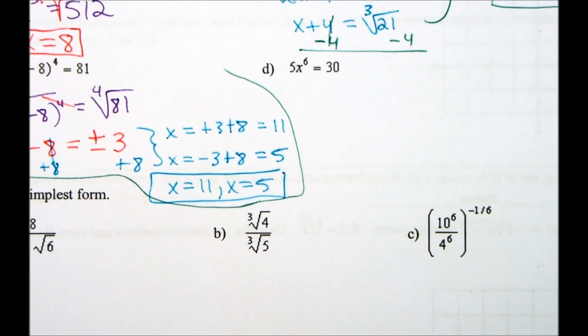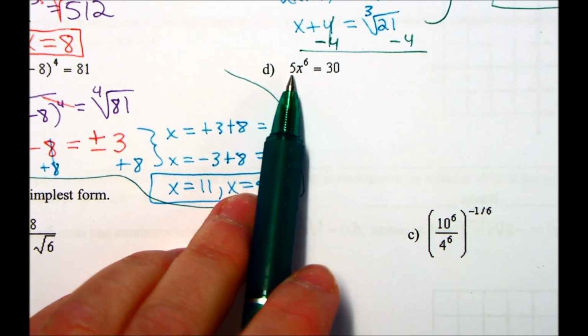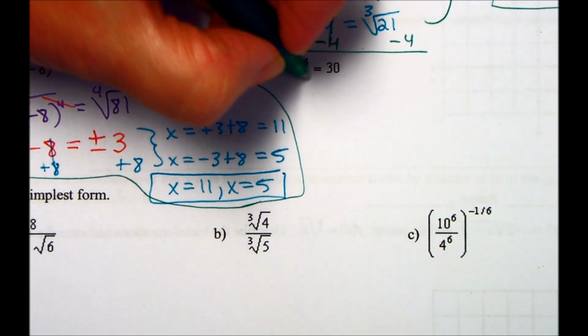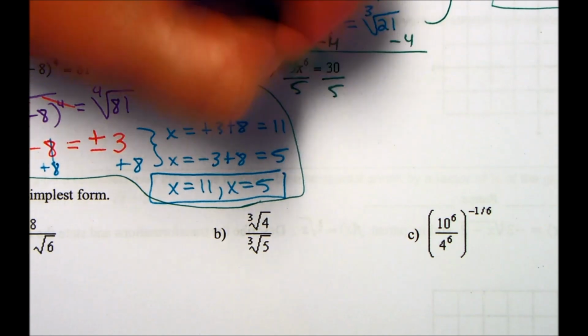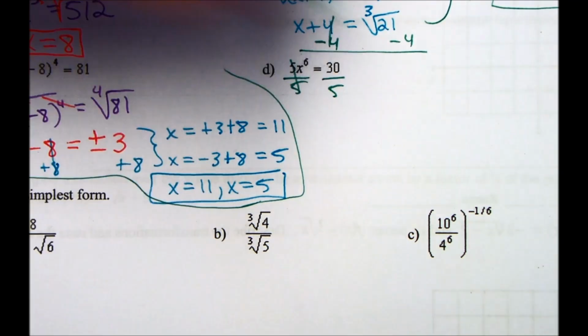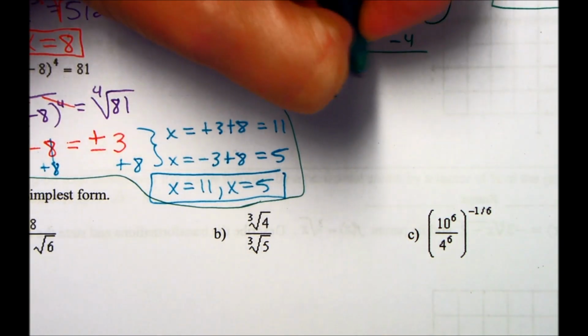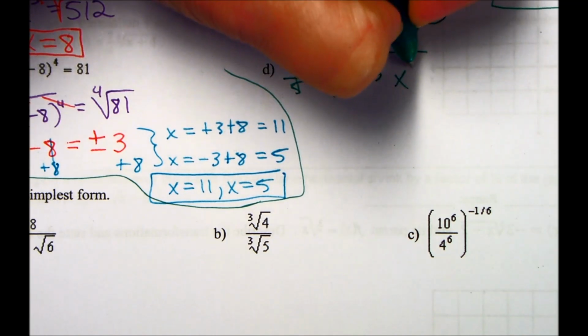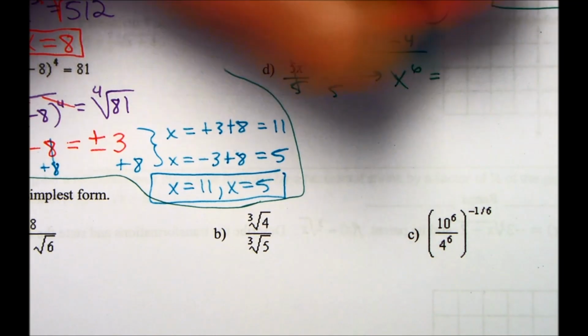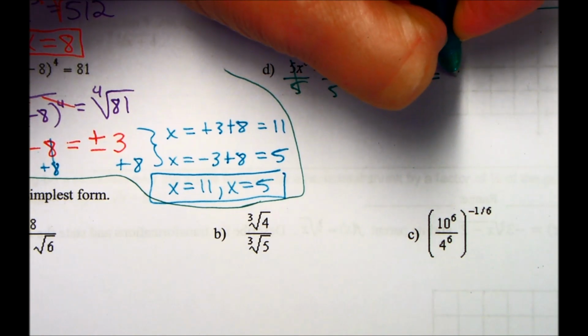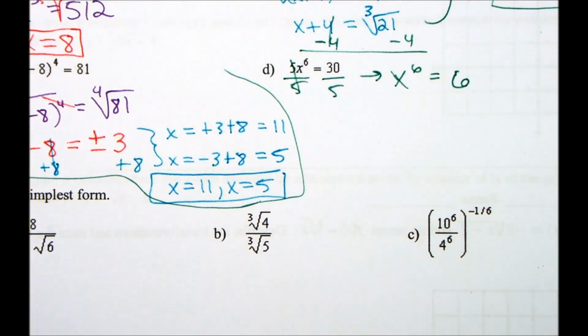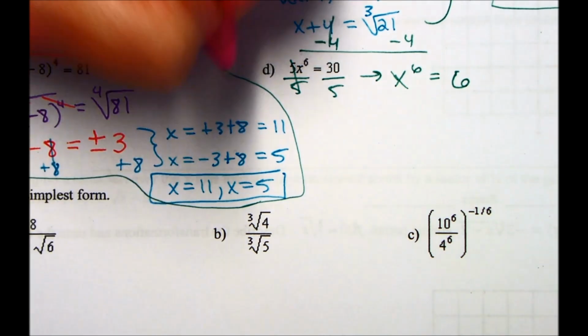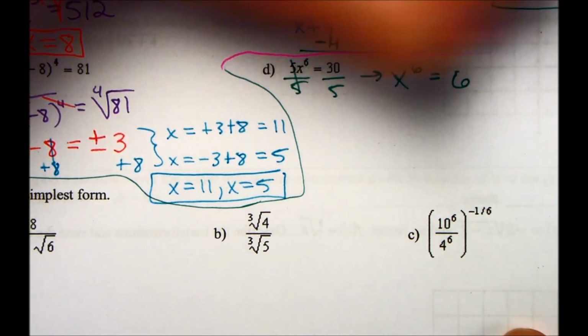The next problem is again an even root, but the 5 that's in front is a coefficient. We have to get rid of that 5 first. Then when we rewrite this, we will have x to the 6th power equals 30 divided by 5, which is 6. So now we want to separate these equation problems a little bit.